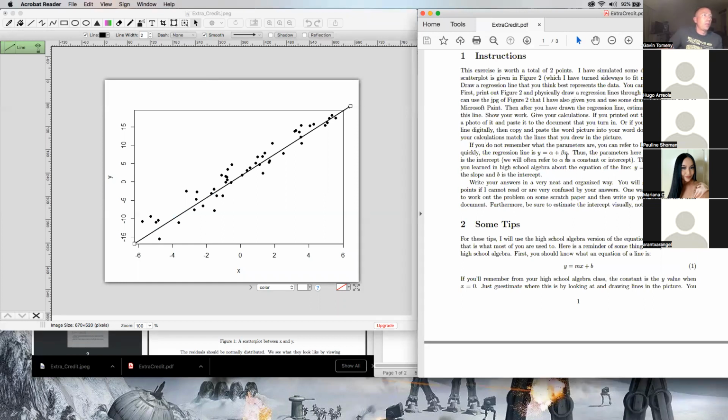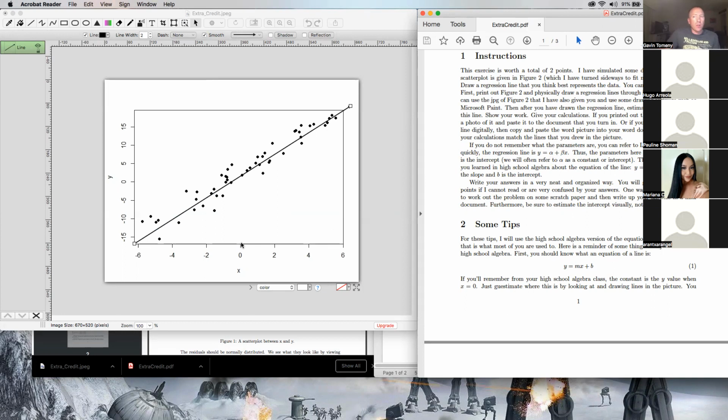So we're basically going to be working with y equals alpha plus beta x. Thus beta is the slope and alpha is the intercept. We often refer to alpha as the constant or intercept. The y-intercept is going to be when x equals 0.